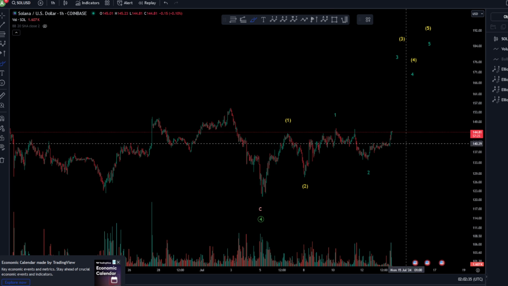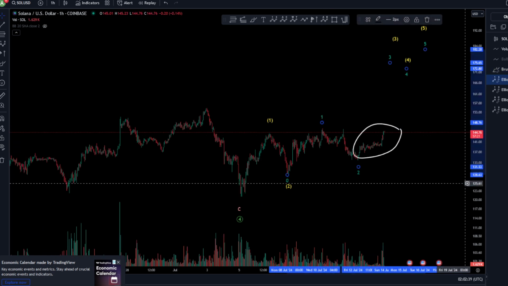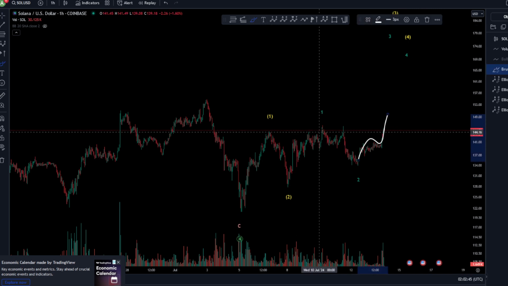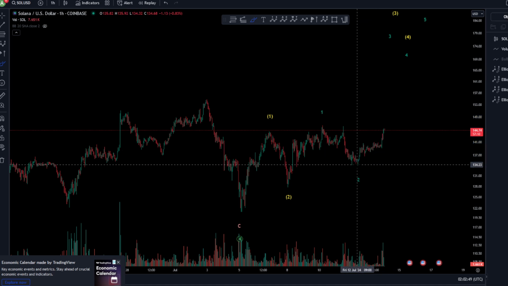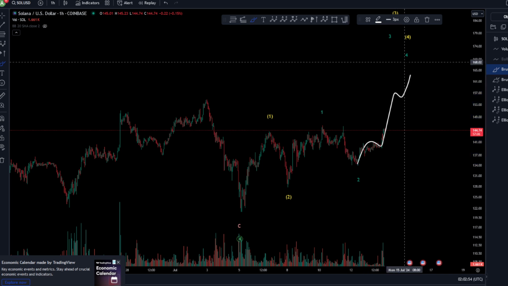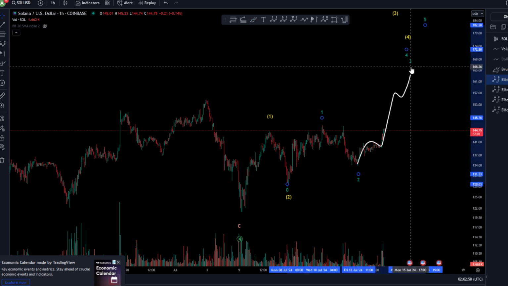Now what's going on here depends on the next move. Potentially it could be already the wave 3 of this 1 2 here, all right? So don't forget that wave 3 is also made of 1 2 3 4 5. Then this is our wave 3 here, this one.